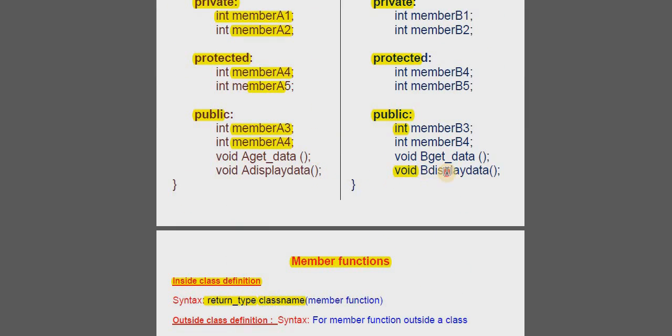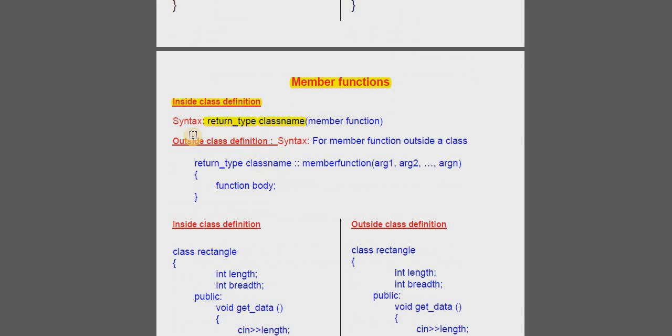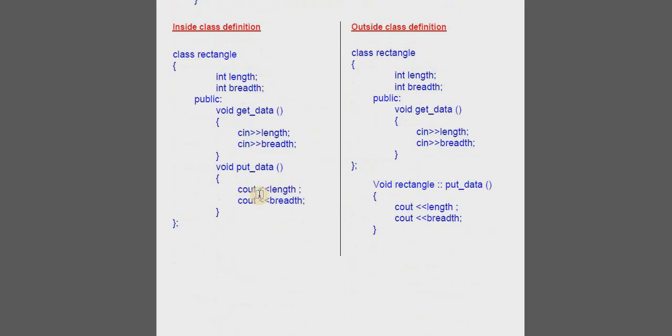This is return type, function name and opening closing bracket. Okay, if we define a function outside the class body, then उसका syntax थोड़ा सा change होता है. मीन्स यहाँ पर inside में कैसे था, return type and function name then body, बट outside में कैसे होता है, return type, class name, scope resolution operator, then function name, then function body. Okay, here I will show in this example.